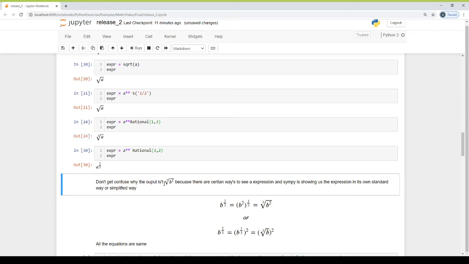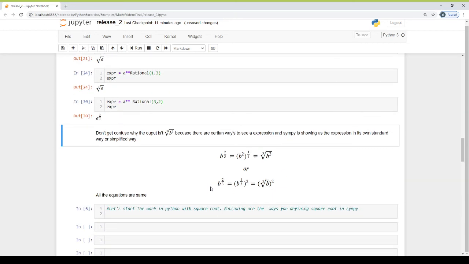Don't get confused why the output isn't 3 cube root of b square or b square root third, because there are certain ways to see an expression, and SymPy simply shows us the expression in its own standard or simplified way. We can write b raised to 2 by 3 in many ways.